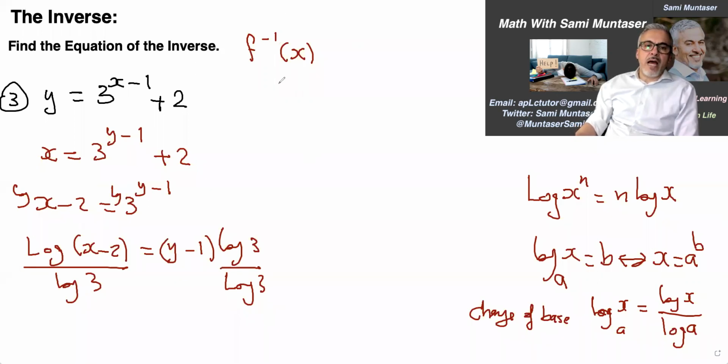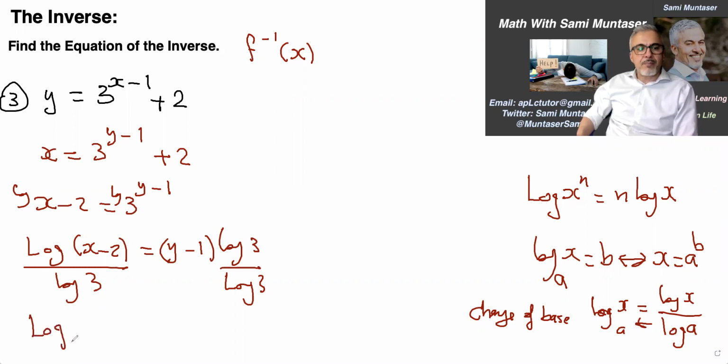Okay, so now we divide both sides by log 3, and that's what we did. Now we look at this, and this and this match, and I want to go this way. So as you see, the a became a base here, and therefore the 3 becomes the base of the log.